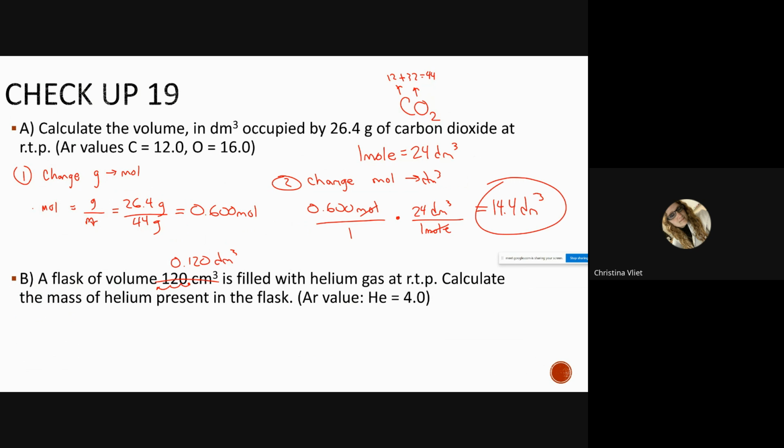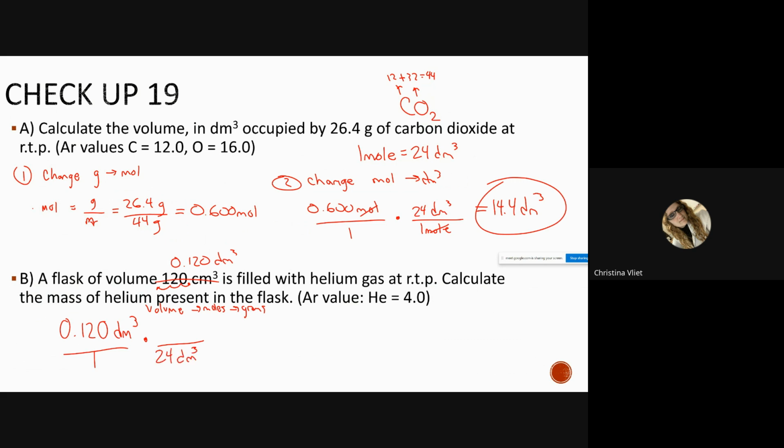So now I've got the decimeters cubed. I need to change this to? Right. It's going to be volume to moles and moles to grams. So volume to moles. Divide by what number? 24.